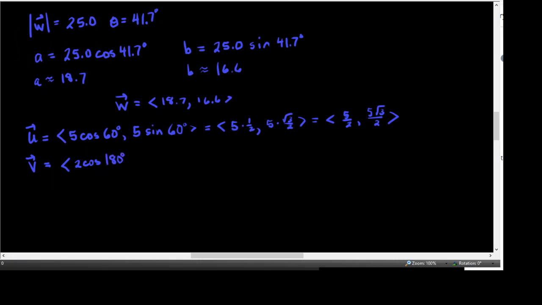It's in red. And so 2 sine of 180 degrees will be the vertical component. Cosine of 180 degrees is -1. The sine of 180 degrees is 0. And so that vector is -2, 0.